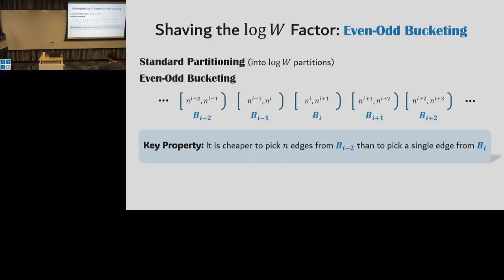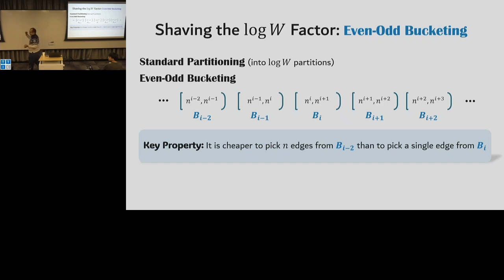And why it's useful? Because now we have this property. If I look at an edge here in B_i, and I know that there exists some path using the edges of B_{i-2} and smaller, then for sure the weight of the alternative path is smaller than the weight of the edge in B_i.